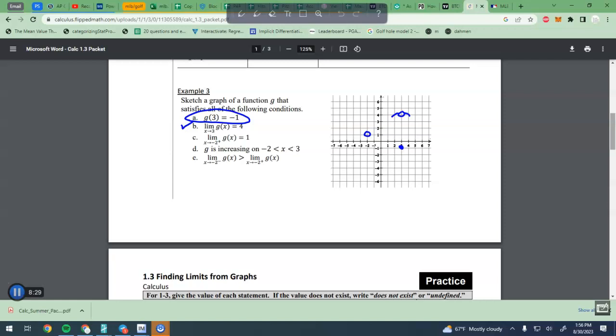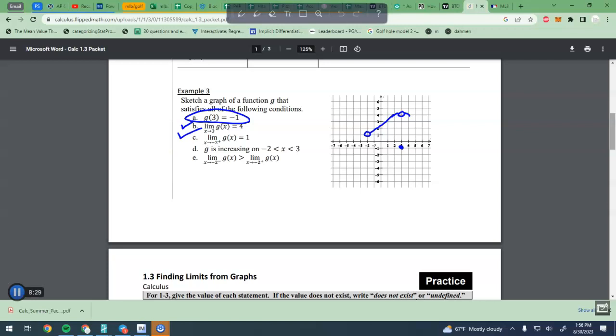And then, as I come to -2 from the right hand side, it needs to be heading towards a y value of 1. So I'm going to connect those. Sometimes I'll do part C and then in part E, I realize I can't do that because of this, and you have to go back. I didn't do this one yet, so we'll see if that happens. But, so I did that.